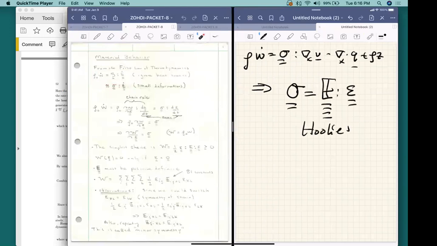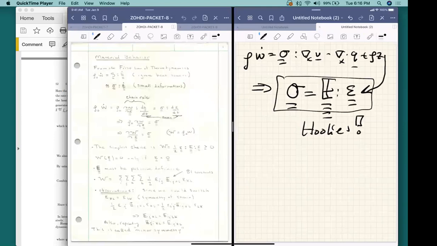So Hooke's law that we all know and love as undergraduates is actually going to be derived from the power law equation. And that's what we do in the beginning of lecture on Thursday. I'll show you exactly that we're going to get this equation, and it is not a choice. It turns out that Hooke's law is forced upon us.